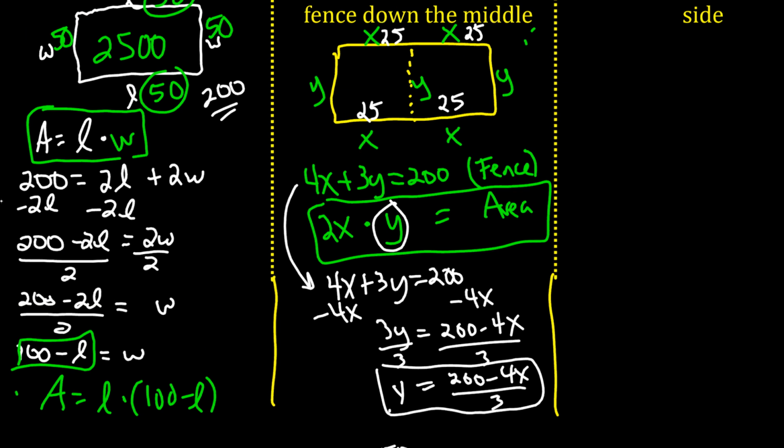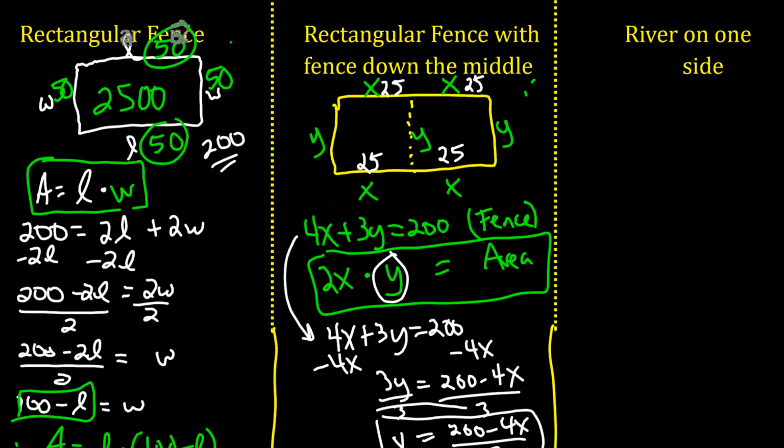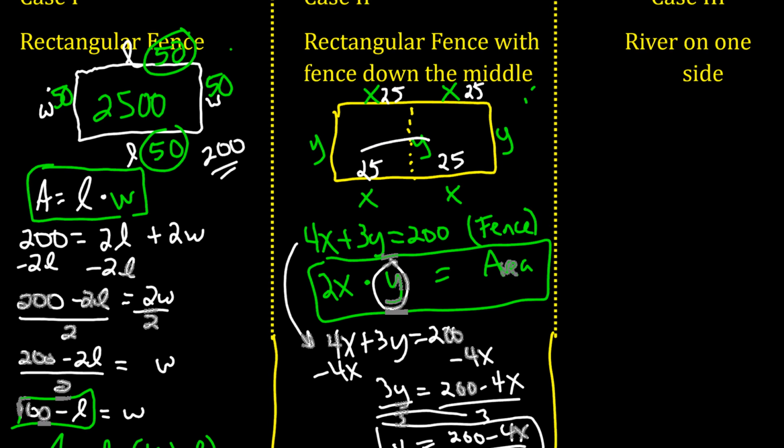If you're not sure where I'm getting 50, let's head back up to the picture. The width is the 25 plus the 25. It's that whole distance. And then the length is going to be the y value.